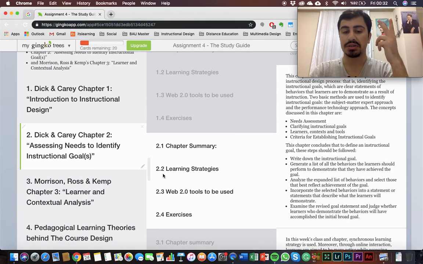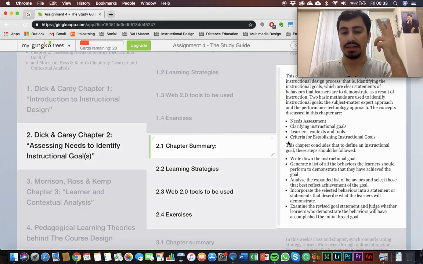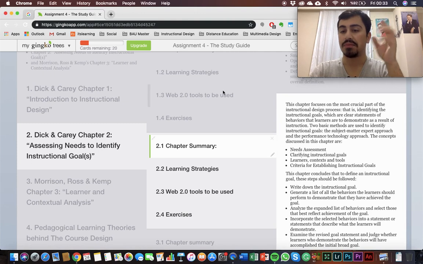When we look at chapter 2 and at its summary, this chapter focuses on the most crucial part of the instructional design process, that is, identifying the instructional goals, which are clear statements of behavior that learners are to demonstrate as a result of instruction.